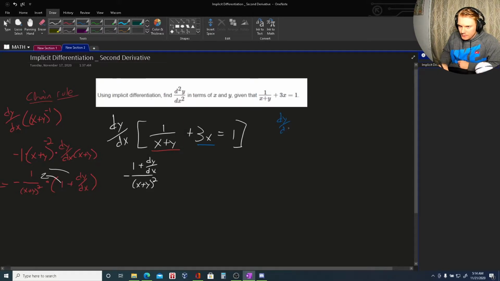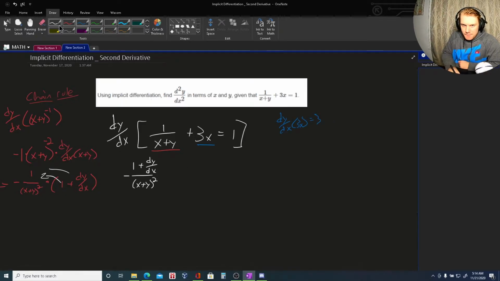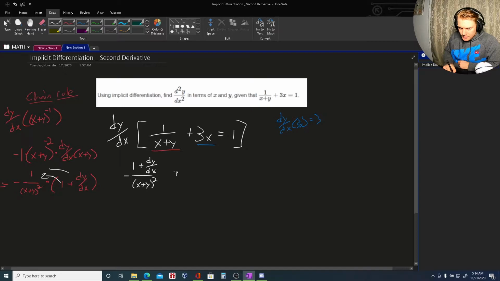The derivative of 3x is 3, so plus 3, and the derivative of a constant is 0, so we write 0.